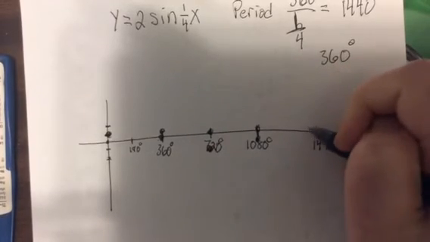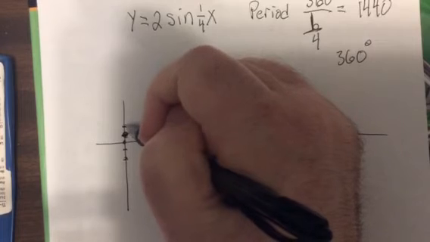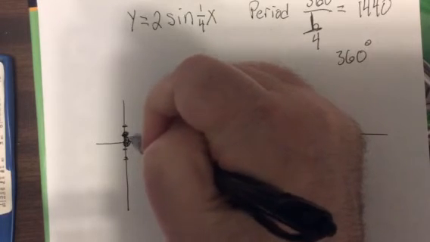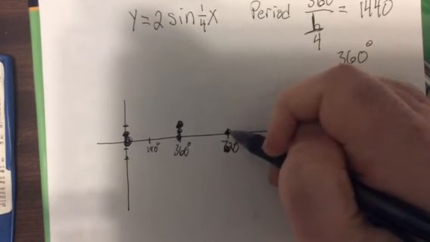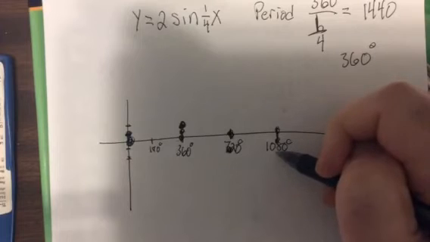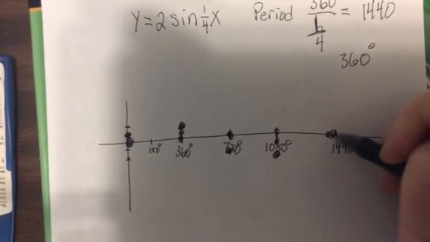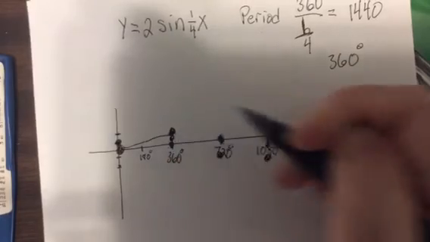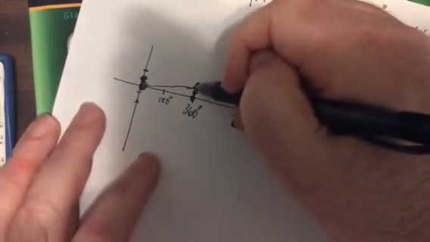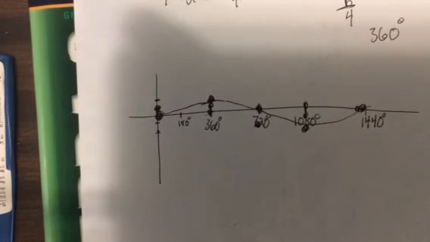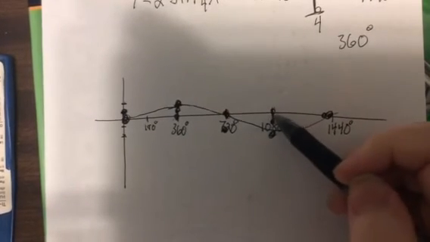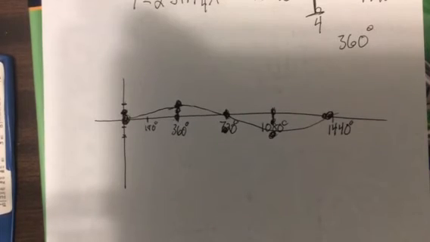This is negative 1 and back to 0. There we go. So multiply by 2. So we're still at 0. Then we're at 2. Then we're at 0. Negative 2. 0. There we go. A little bit off. I got a little too big here. It should be up a little bit, but okay. So that's our graphs.